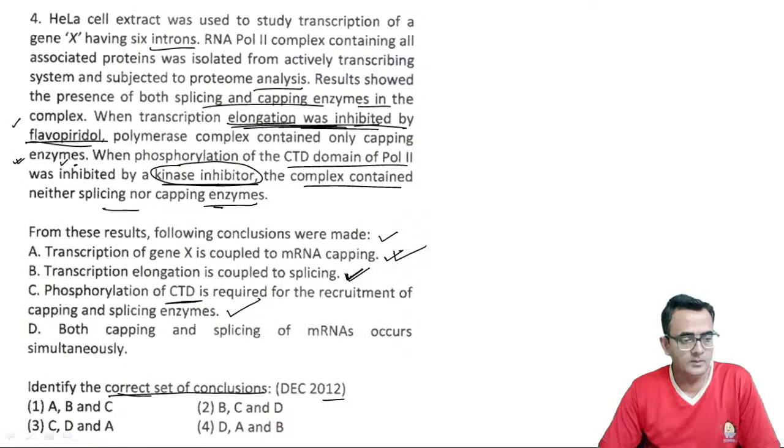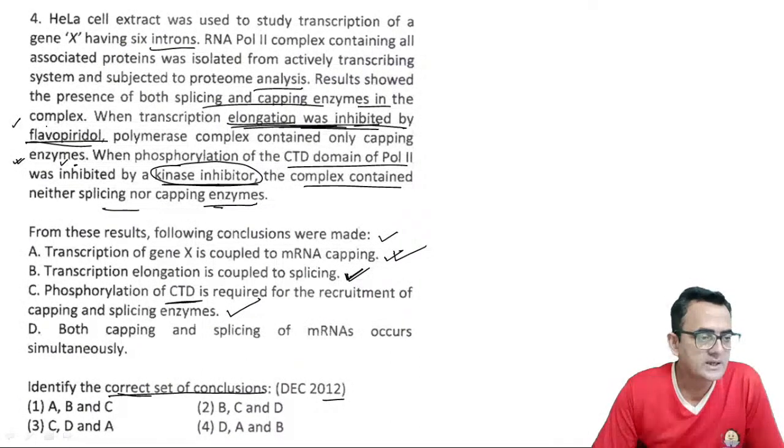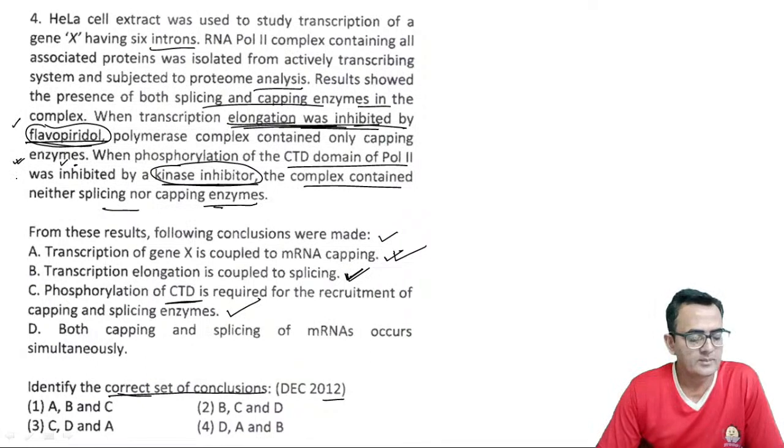Both capping and splicing of mRNA occur simultaneously. No, this is wrong. Because here, when this antibiotic or chemical has been added, only the splicing enzymes have not been obtained, right? But when the kinase inhibitor has been added, it blocks the phosphorylation of the CTD, which is the very beginning or initiation of the elongation as well as the post-transcriptional modification, right?